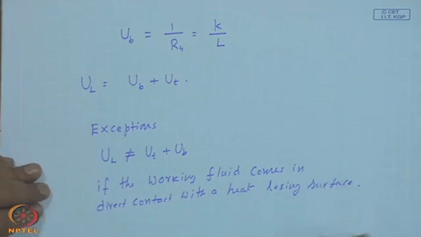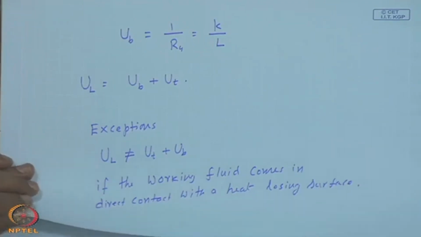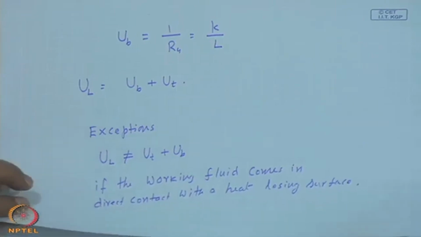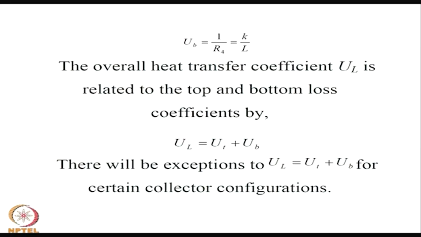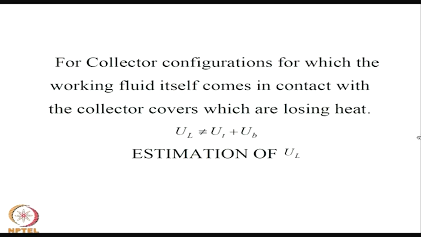In other words, all that is being considered as U_t is not a loss, a part of it is going to the fluid also. So, we shall come to that type of collector configurations a little later, at least one of them.